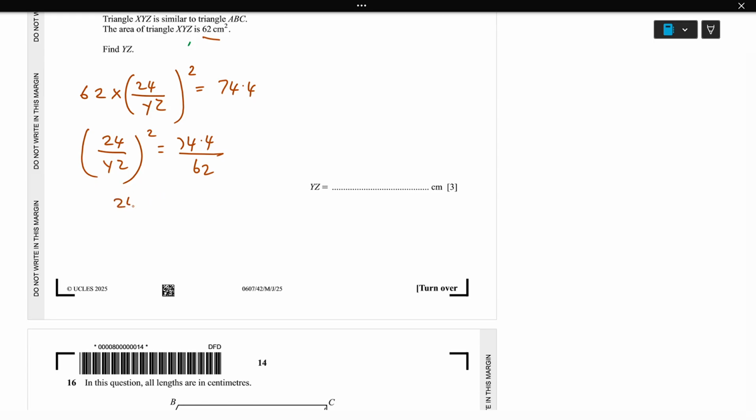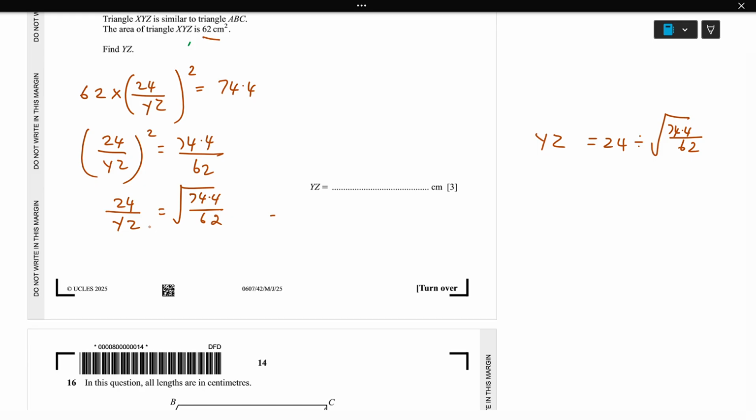So 24 over YZ equal to, getting rid of the square, the square root of 74.4 over 62. Now we need to find YZ, so on the left side it is going to be 24 divided by the entire thing, the square root of 74.4 over 62.